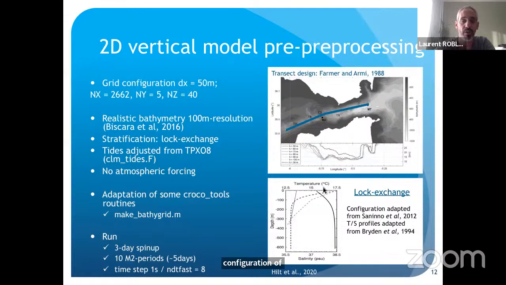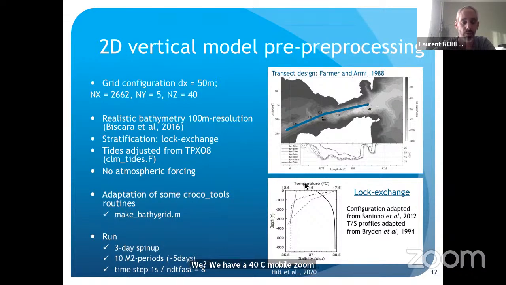The grid features 50 meter horizontal resolution along the x-axis, and the x-axis is this line which represents the transect defined by Farmer and Armi for the Gibraltar experiment campaign in 1988. We have 40 sigma levels along the vertical dimension.